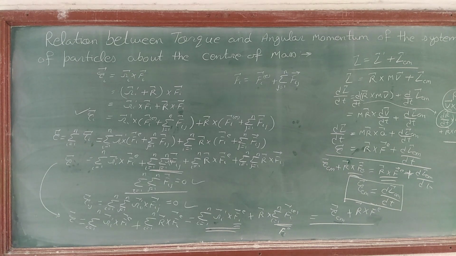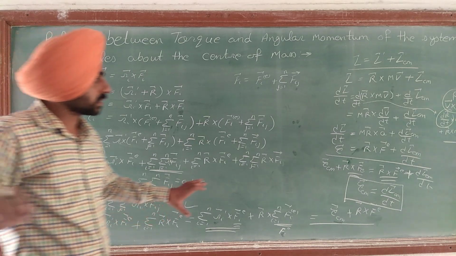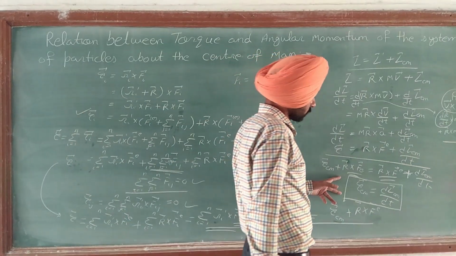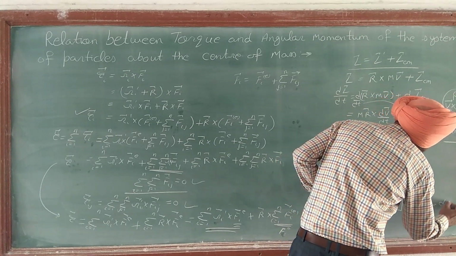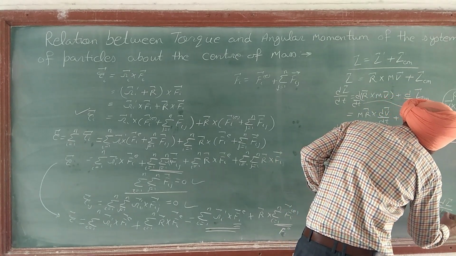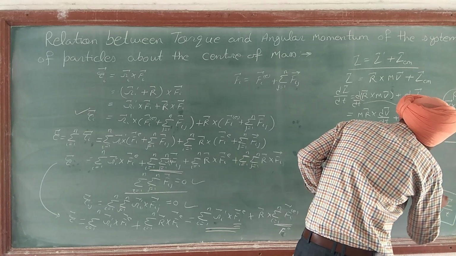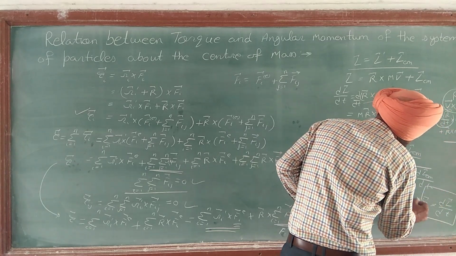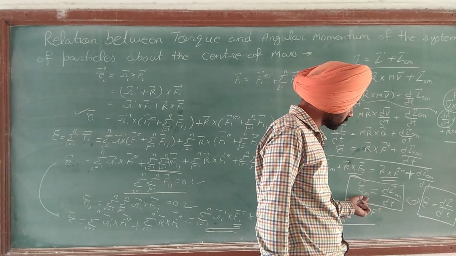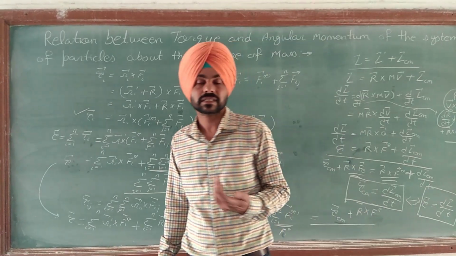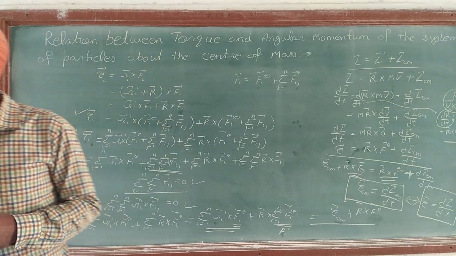So this equation is very identical to our previous discussion on tau equal to dL by dt. These two relations are very similar. The difference is only the term Cm. Cm represents the center of mass.